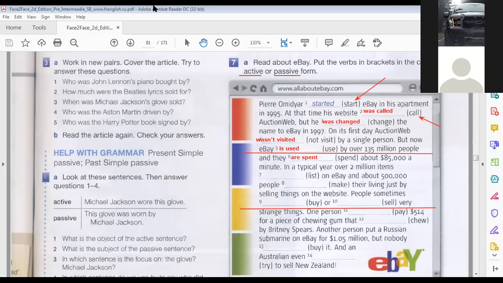Do you want to use active or do you want to use passive? Active. Okay. So if you want to use active, just put it as it is. List. Yeah. Okay. List on eBay.